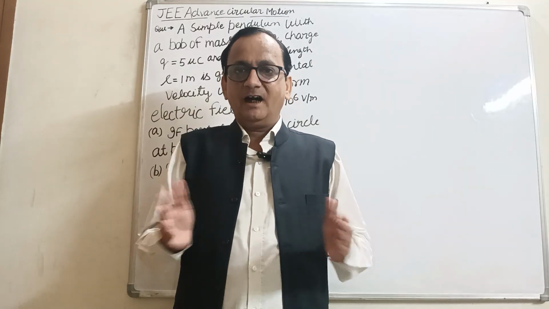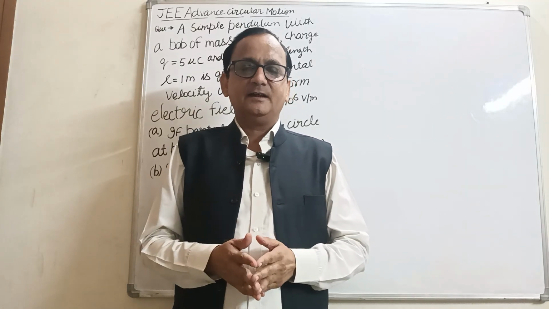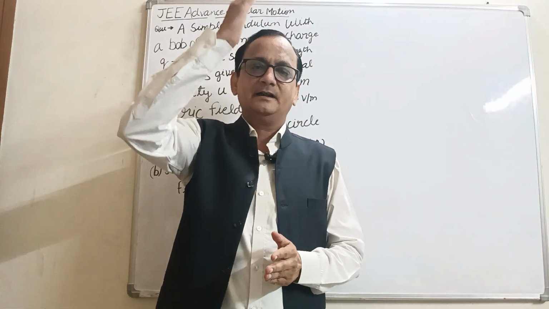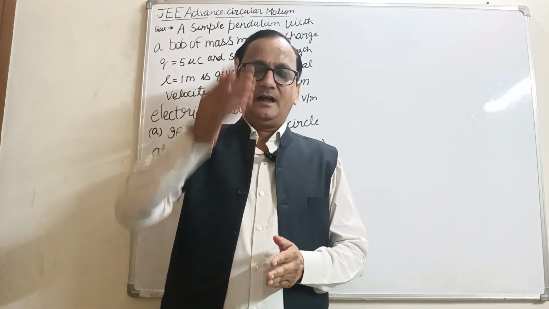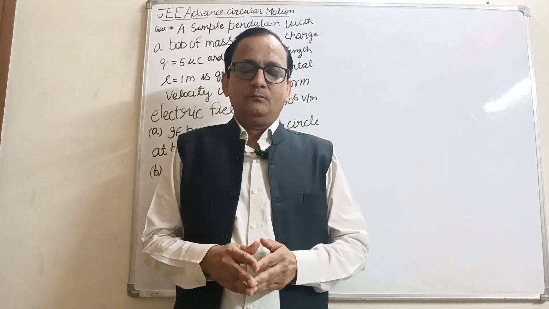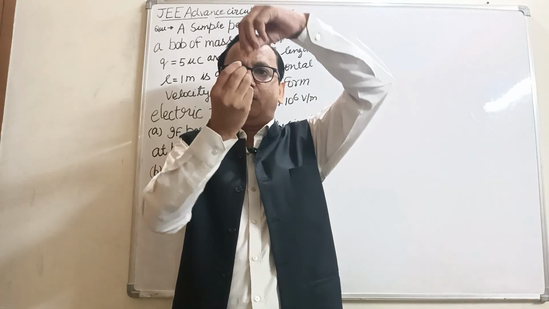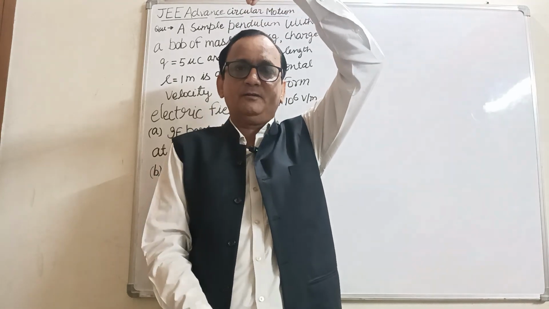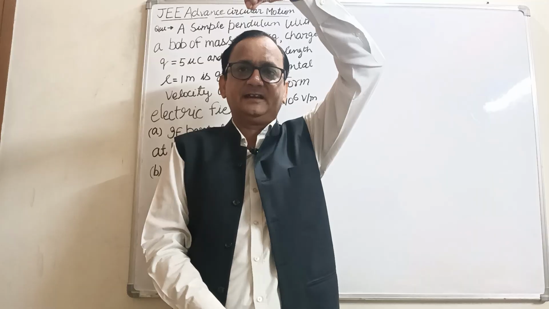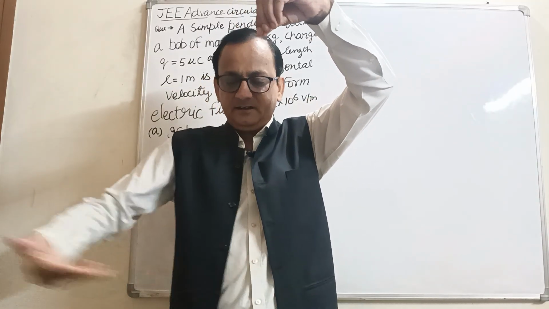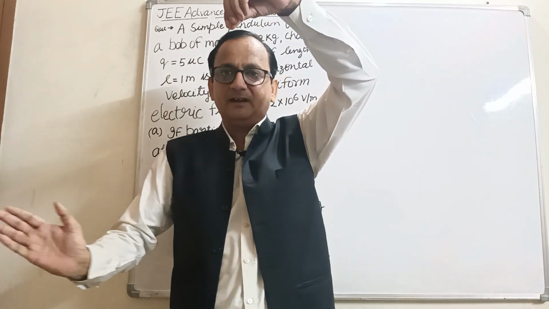So what velocity do we provide to a bob, suppose the bob has mass m and the string has length l, and we provide a horizontal velocity? The bob is suspended by the string, and this is the horizontal velocity of the suspended bob.